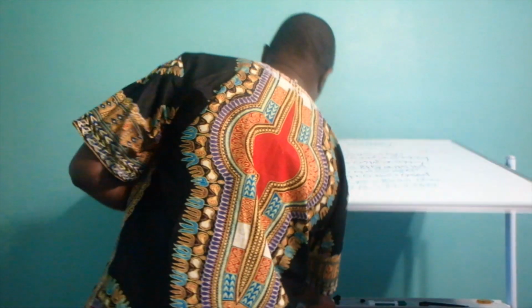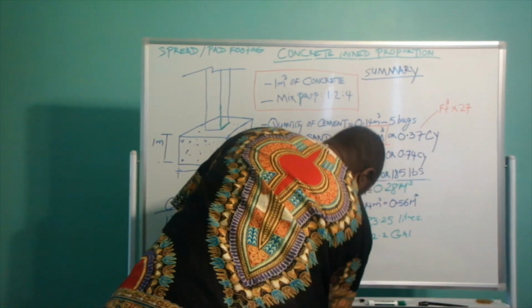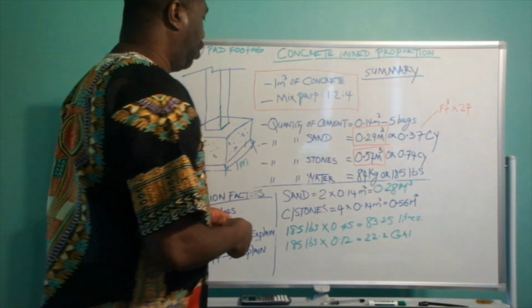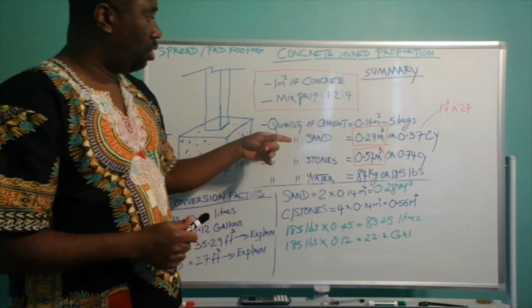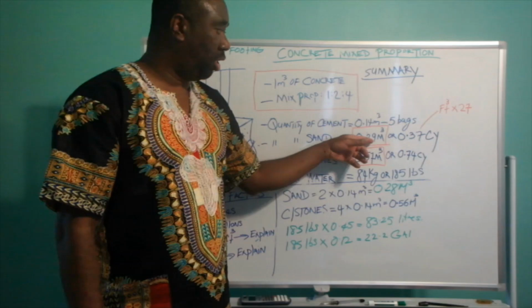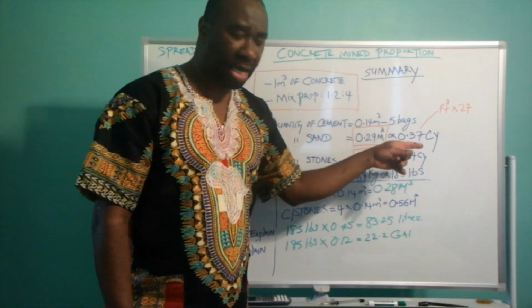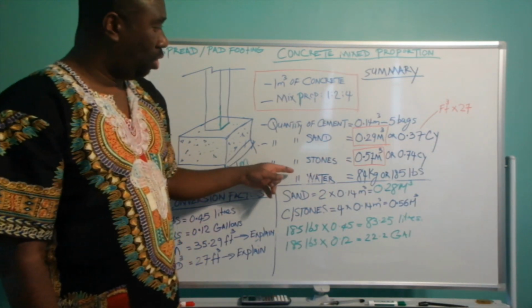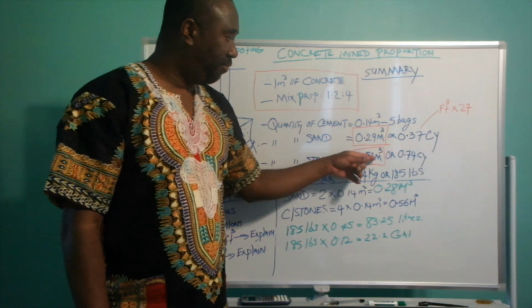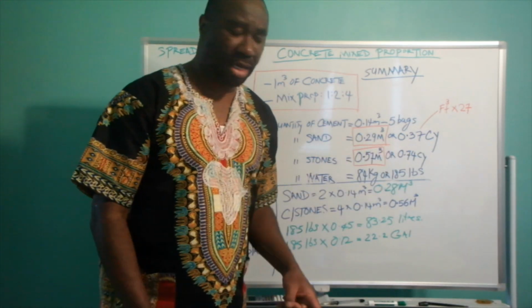Now, to continue with the mixed proportion, the quantity of sand works out to be 0.29 meter cube, or 0.37 cubic yard, and the quantity of stones works out to be 0.57 meter cube, or 0.74 cubic yard.